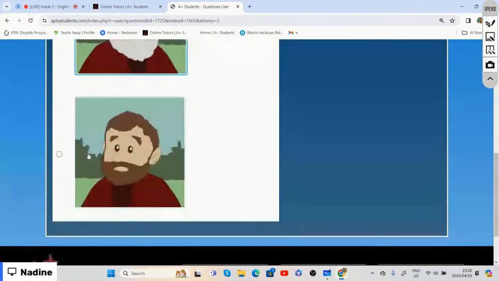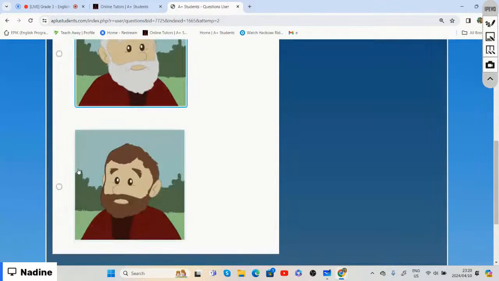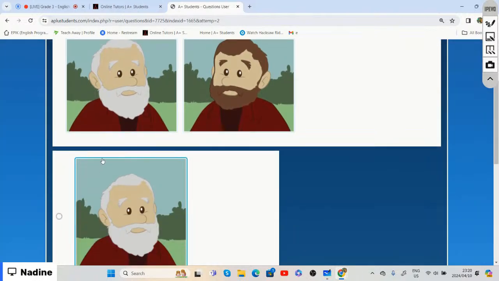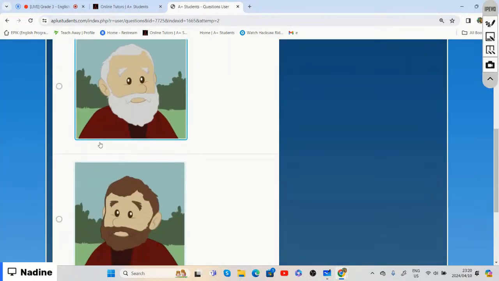The first one or the second one? Who are we talking about? Whose beard is like a bag of cotton? So is it the first picture or the second picture?